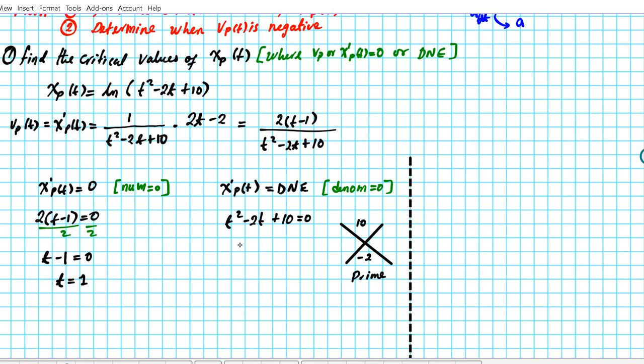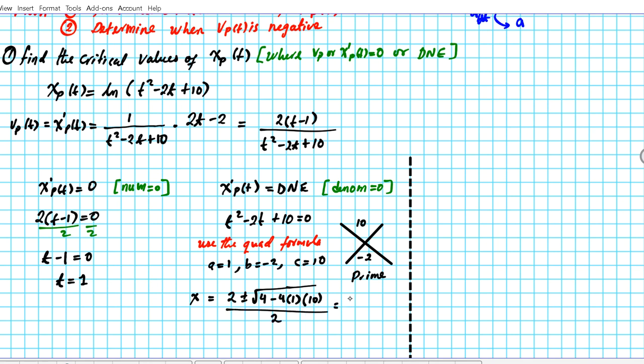So to solve this, we have to use the quadratic formula. Or you can use completing the square, same thing. So A is 1, B is -2, C is 10. x is equal to -b, which is +2, plus or minus the square root of b squared minus 4ac, over 2a, which is just 2.